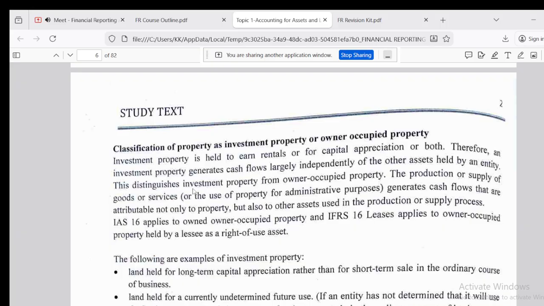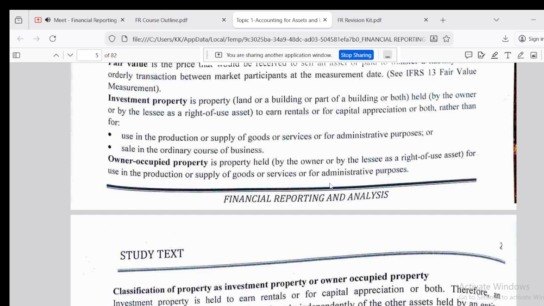Okay. This distinguishes investment property from owner-occupied property. So we have realized that owner-occupied property is used for ordinary businesses. For example, you check your house. Like, yes, now you combine that house with the other operations is when you can generate income. Sijui kama unapata. Yes, yes.